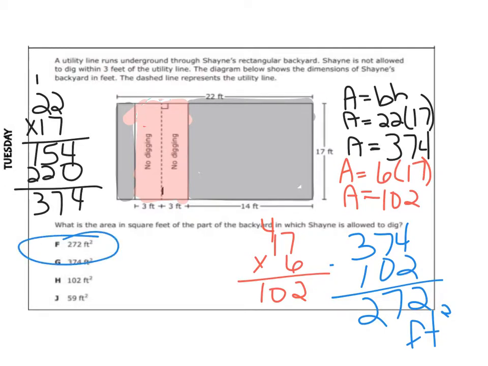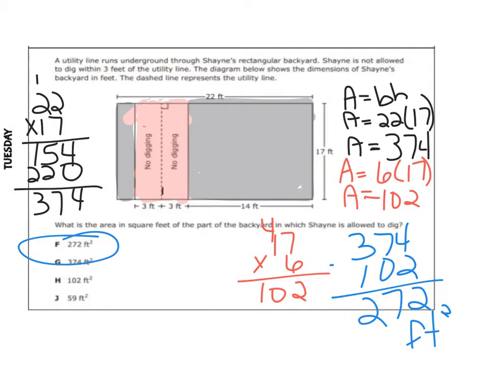Okay, so that's basically what you do. When they're giving you information like this and tell you this is the whole thing, but we cannot use this part, then make sure you're shading it in and looking to see what it is that you need. So in this case, 272 is all the gray area. Now, there's another way you could have done this too, and it would have been a lot easier if we started with that.